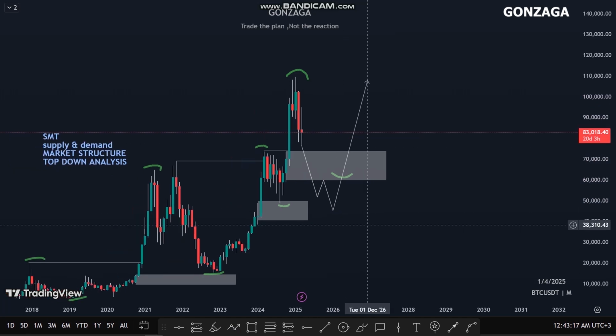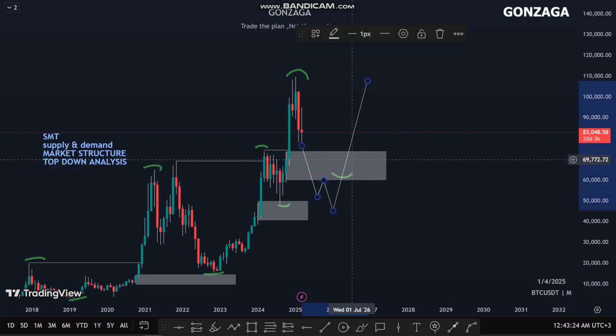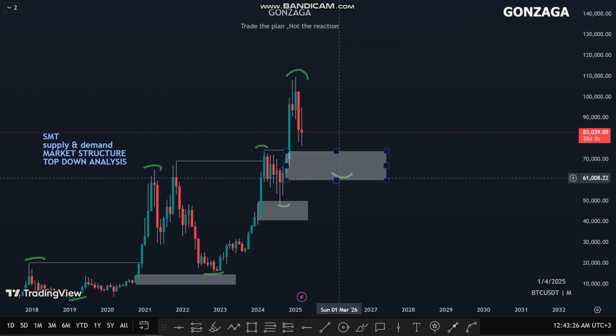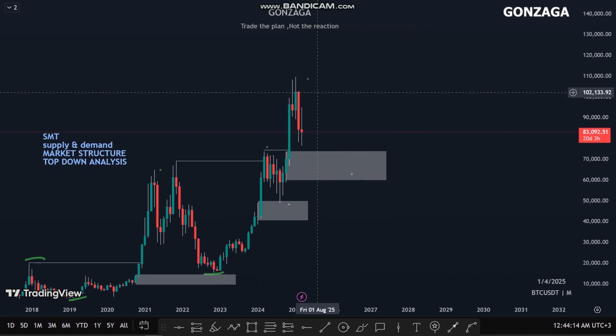After seeing this in the 1 month time frame, we go to the daily time frame. In the 1 month time frame, we are always looking for the market structure and our demand zone, the demand and supply zones.